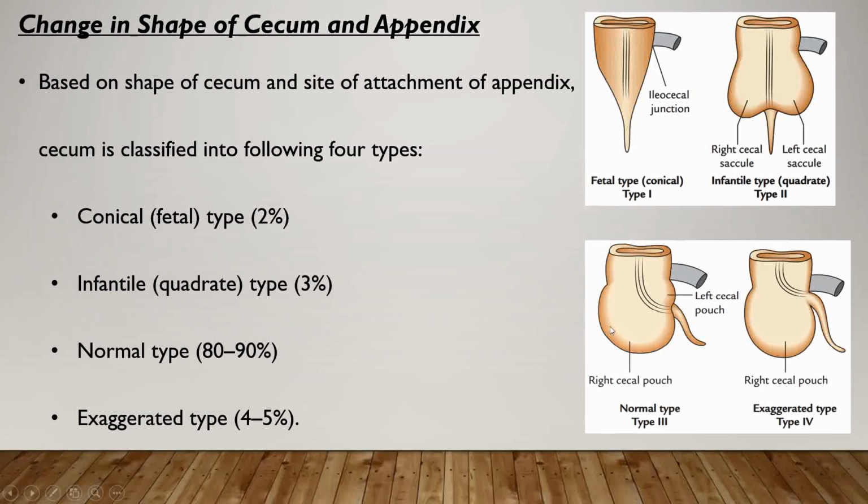The third one is the normal type, which is present in 80 to 90% of adults. Here you can see the right saccule is much bigger, and the appendix is attached on the posteromedial wall, closer to the ileocecal junction. And the last one is the exaggerated type, which is type 4 of the cecum, where there is much more growth of the right saccule of the cecum.